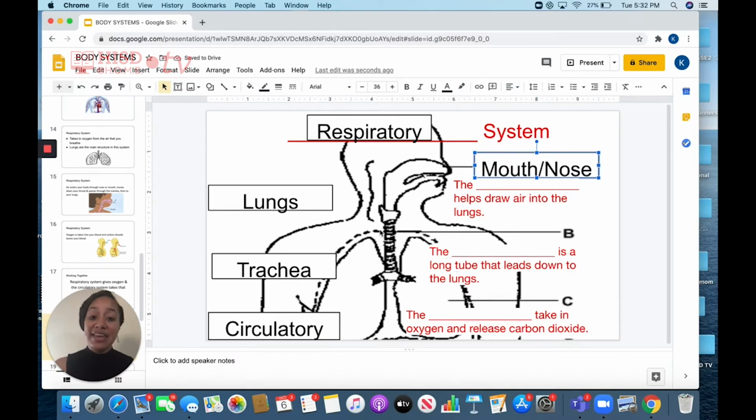Next one, B. So B is pointing right here. And it says the blank is a long tube that leads to the lungs. So would that be the lungs, the trachea, or the circulatory system? What is that long tube called that leads to the lungs?